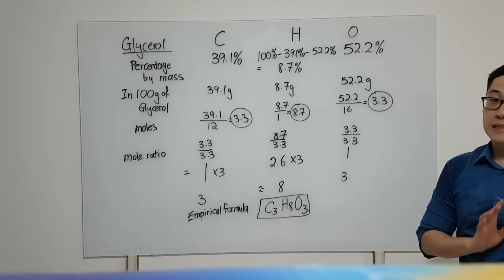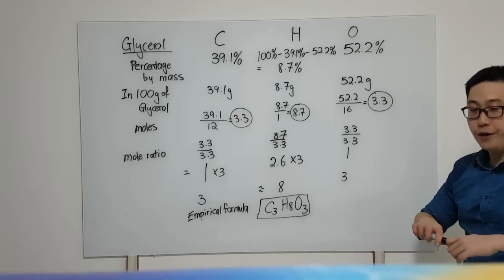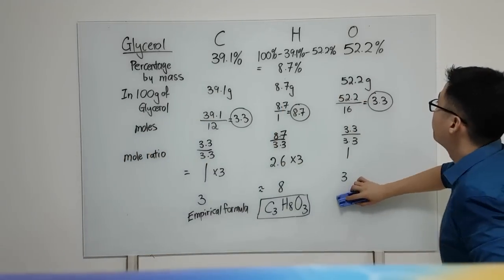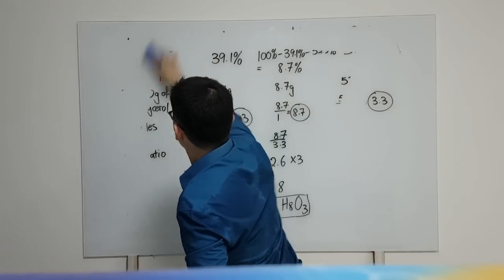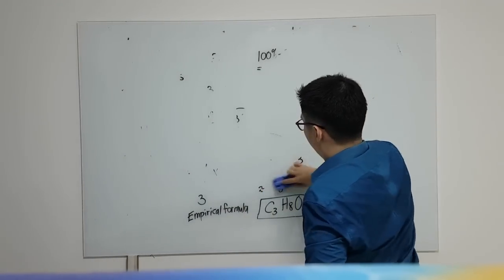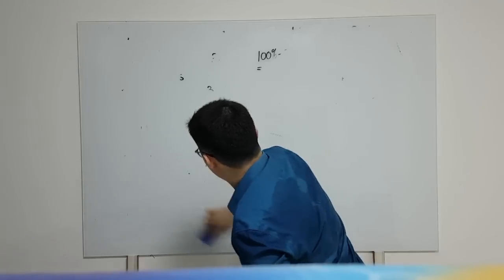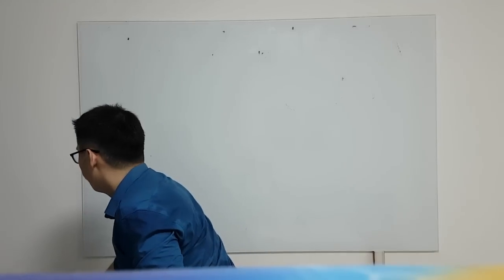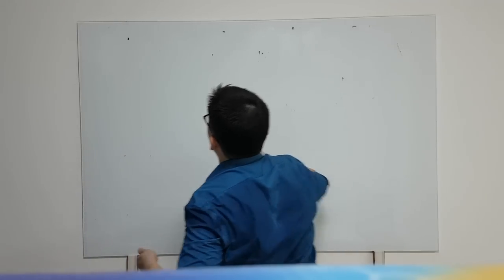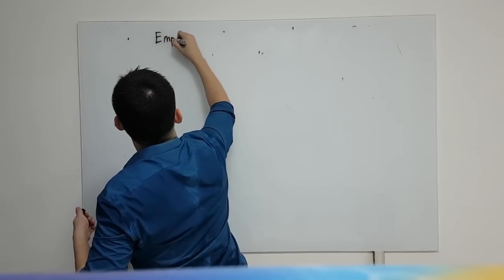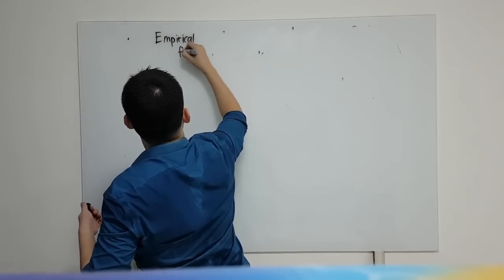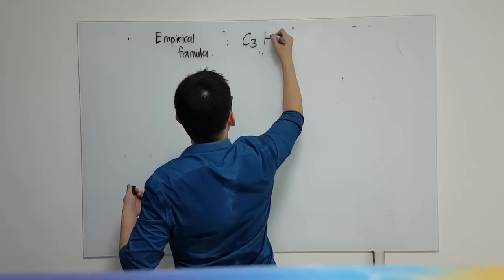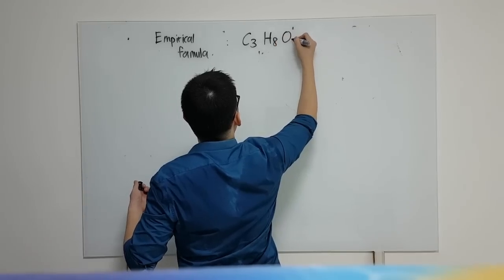Now, we are not done yet. So now we have the empirical formula. We will then need to determine the molecular formula. Now, I want you, as I'm erasing the board, to take a look at the question again. The empirical formula we have actually determined to be C3H8O3.